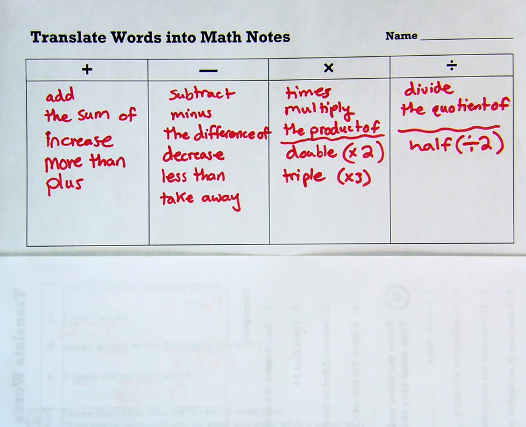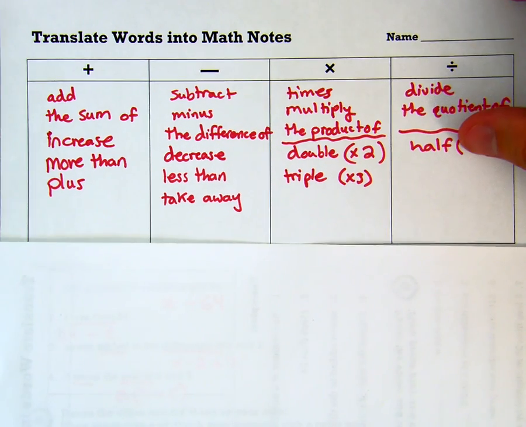We say doubling, which means you times it by 2, tripling, times it by 3, and so on. And then our division we have divide, the quotient of. You'll see half sometimes, half of something, which is divided by 2. You could even see a third of something or a quarter of something. A third would be divided by 3, a quarter would be divided by 4. So go ahead and write those down, any that you do not have.